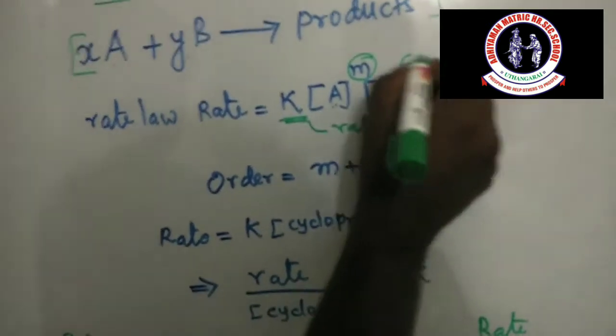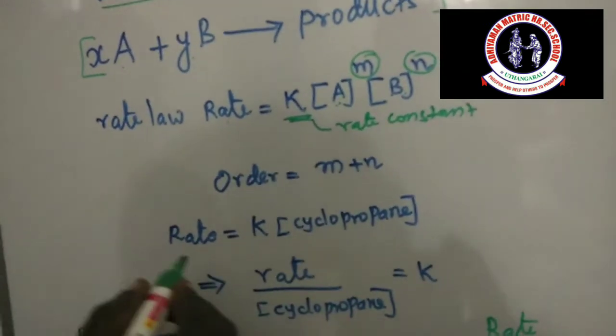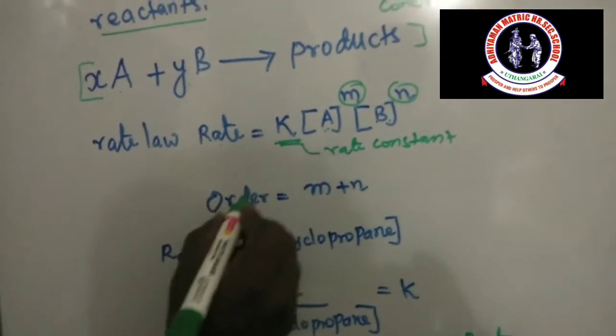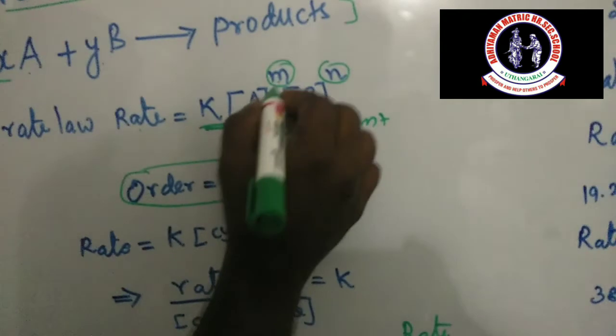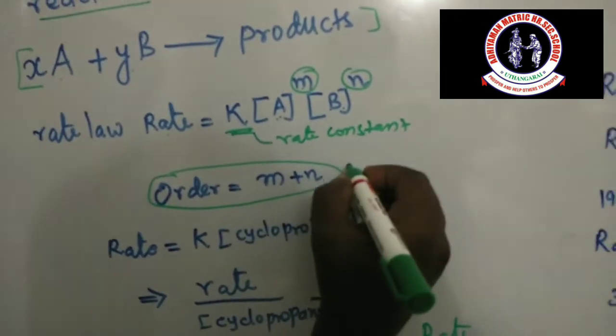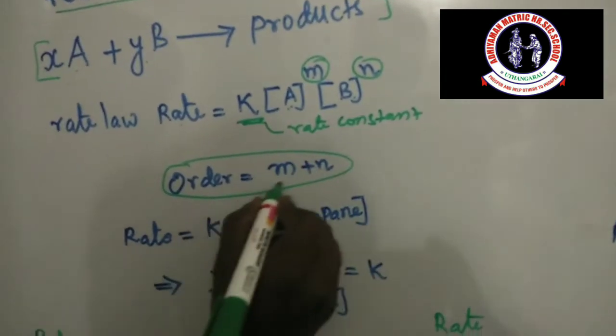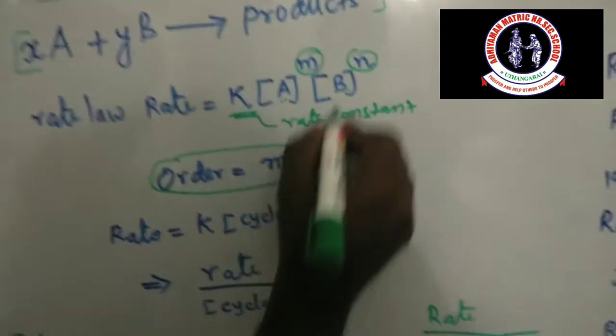Exponential power means the concentration of reactants. Now the order of the reaction depends upon the exponential power of the concentration of the reactants. So order is equal to m plus n.